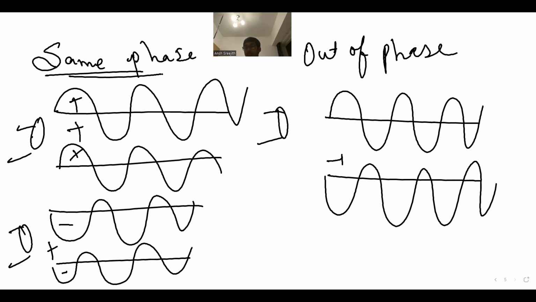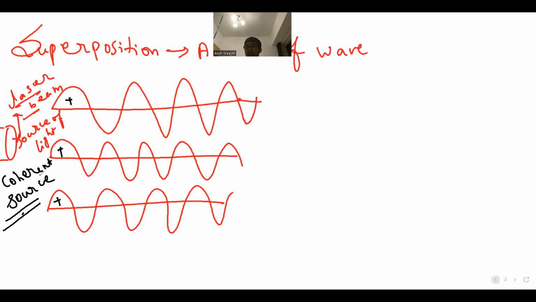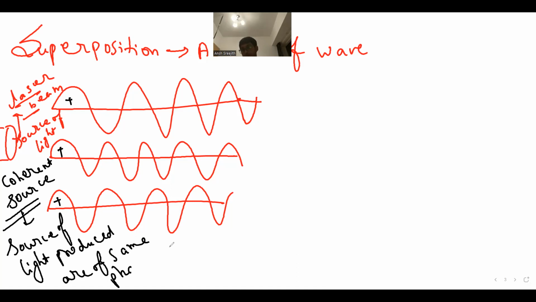Now here we are discussing this one. Coherent sources are what? Sources of light produced in the same phase. Understood? So if I do superposition, if I add all these waves, suppose this is of amplitude 2, this is of amplitude 1, this is of amplitude 3.